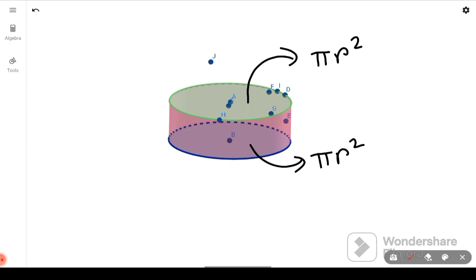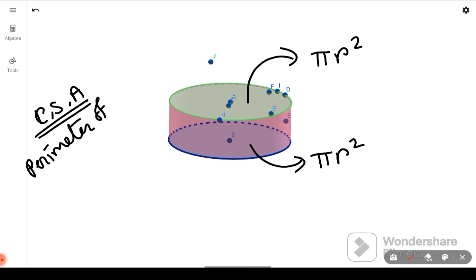And one more very important thing, that if you want to find out curved surface area, mind it, curved surface area, in that case it will be perimeter of base into height, just like our previous last figure. Okay, so you tell me what will be the perimeter of the base. This is circular, so it will be 2 pi r, right?